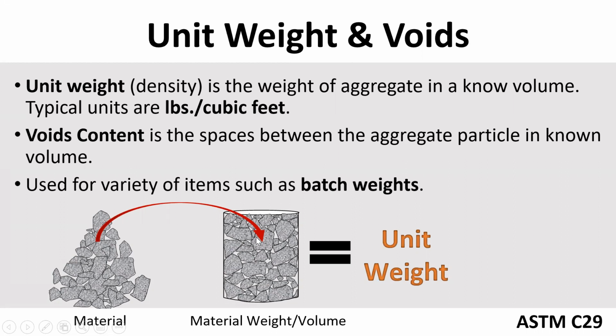You can put water in there, use a glass plate, get out all the air, and because we know the density of water at a certain temperature, you can measure the temperature of the water and then weigh it, and figure out the volume contained in that unit weight container pretty easily.